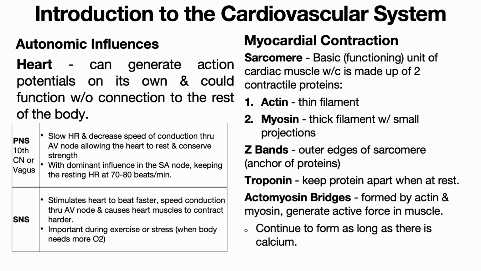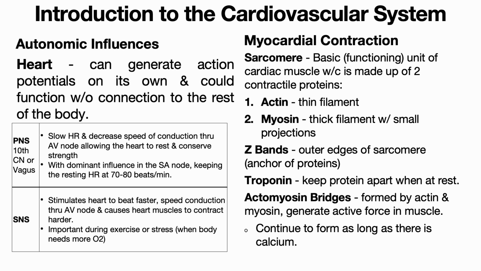Then the Z bands, which are the outer edges of the sarcomere, or the anchor of proteins. Actin and myosin proteins are anchored at these Z bands, and they readily react with each other, but at rest, they are kept apart by the protein troponin. So it is troponin that keeps the proteins apart at rest.